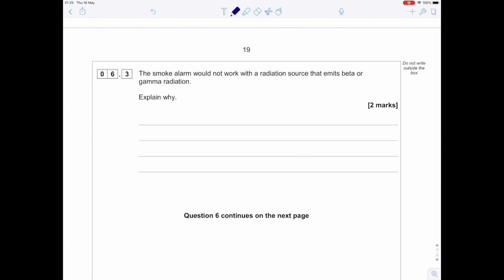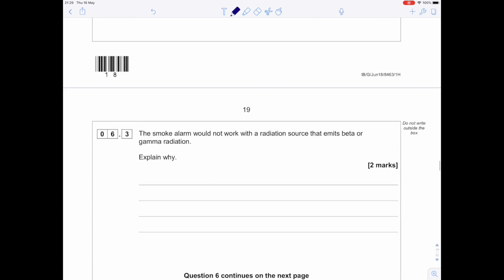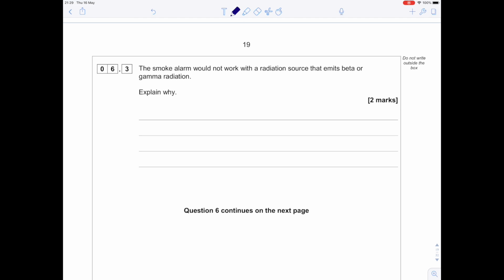The smoke alarm would not work with a radiation source that emits beta or gamma radiation. Explain why. So it's all the same question really. So we know that that radiation is supposed to go from here to here, and beta and gamma are both extremely penetrating. Beta is only stopped by aluminium foil, gamma is stopped by lead or by concrete, so the smoke would not be enough to stop that gamma or beta radiation.